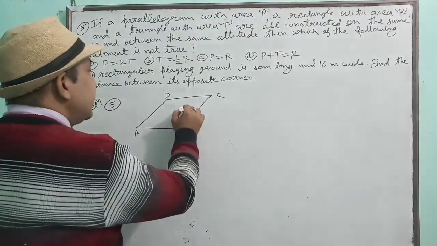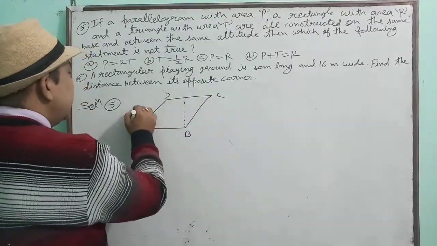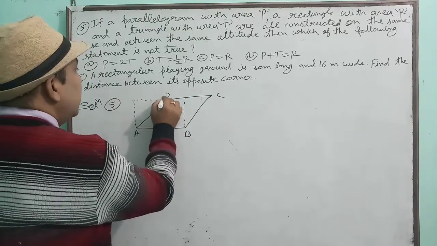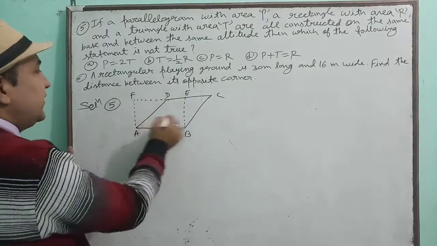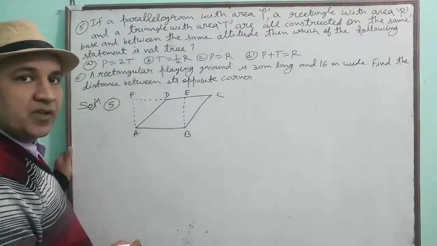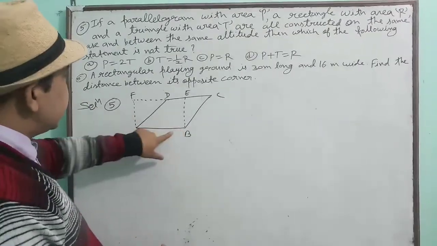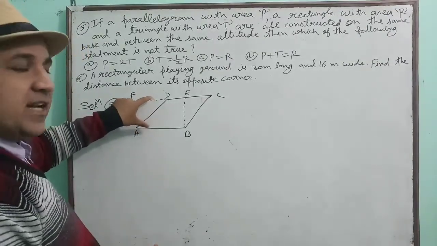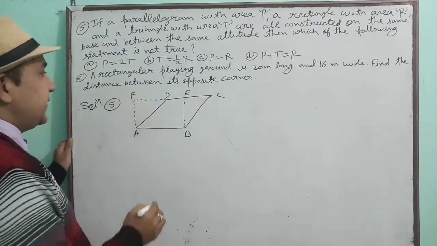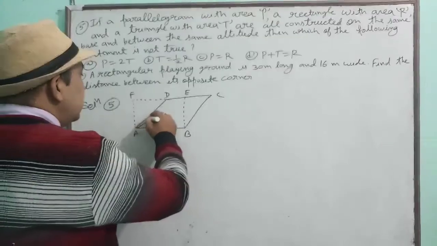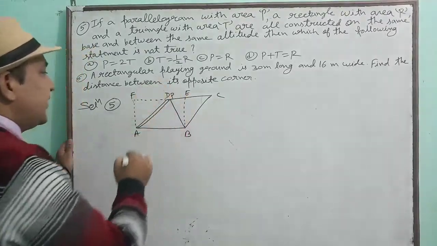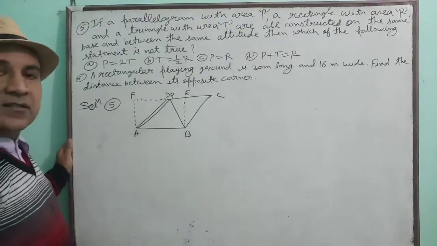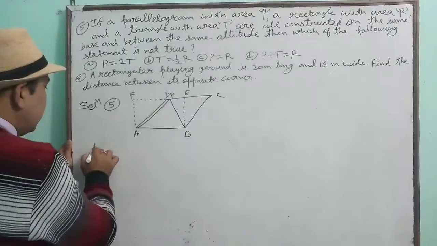On the same base, suppose that A, B, E, F is a rectangle. Since same base and between the same altitude, altitude means height, and suppose that APB is the triangle.